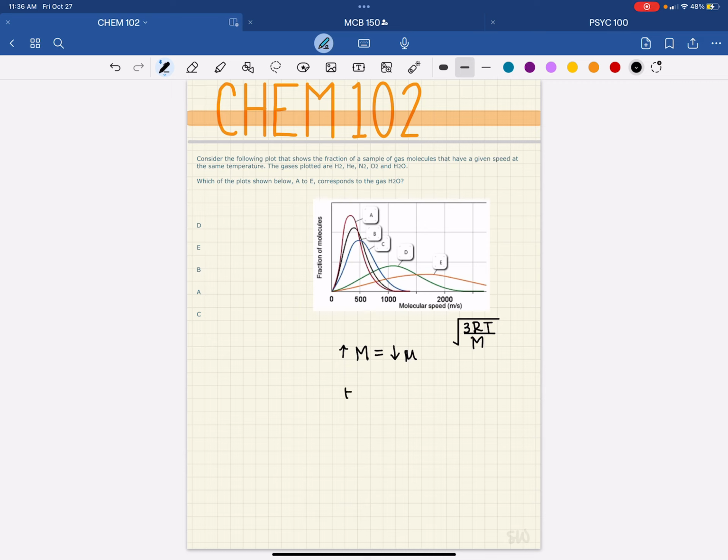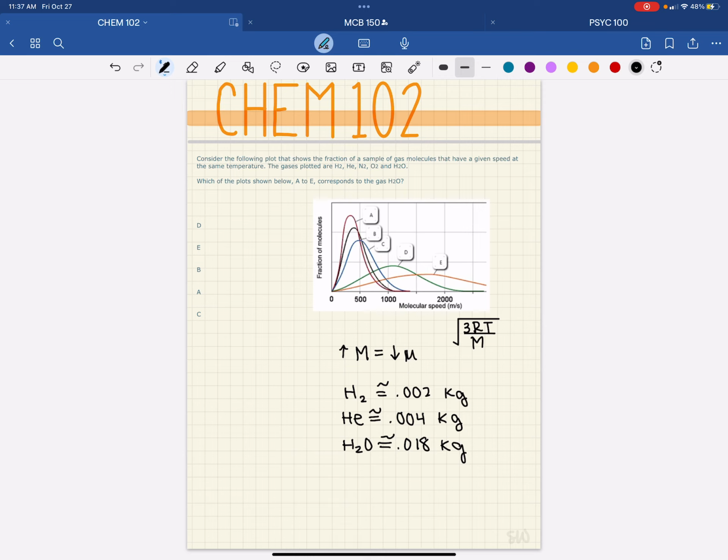So we know hydrogen as a diatomic is going to equal approximately 0.002 kilograms. Helium is approximately 0.004 kilograms. H2O is approximately 0.018 kilograms.